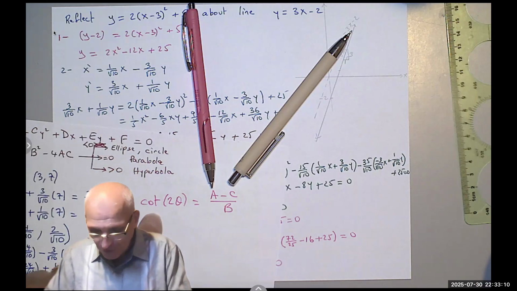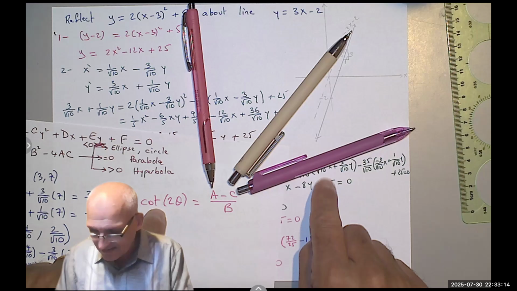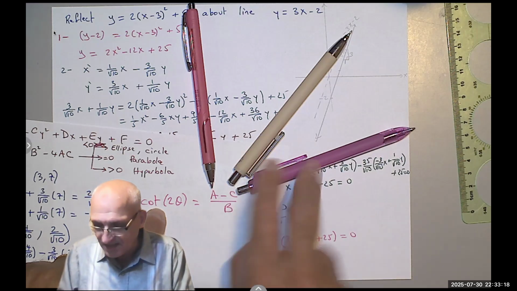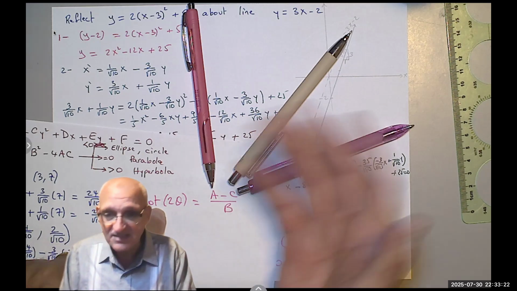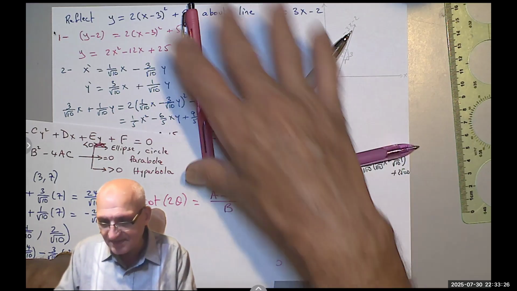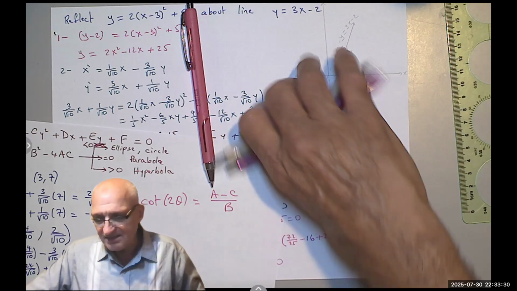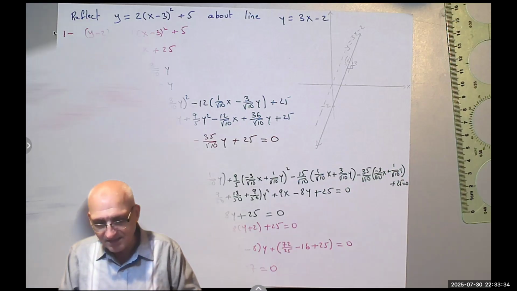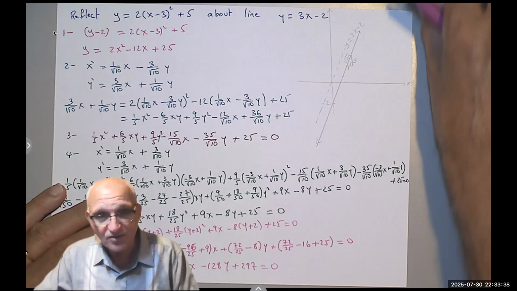And then for the new parabola, you can find the angle that is here, subtract it from 90 and see if that angle is twice as much as that. Because if it is, it means you really reflected it over the line. This angle has to equal that angle. Again, we don't have time for that, but since we were lucky and this point turns out to be on the new parabola, we know our answer is correct.